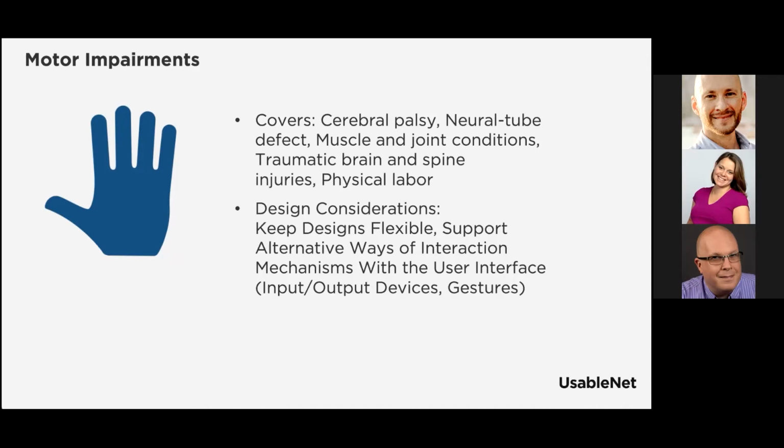And also support alternative interaction mechanisms for the user interface. For example, motor impairments can make the use of standard inputs and outputs pretty challenging. People may struggle to use a mouse, a keyboard, or a touchpad, depending on their physical condition and motor control of their arms, hands, or fingers.